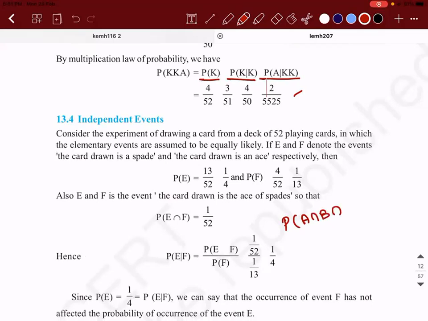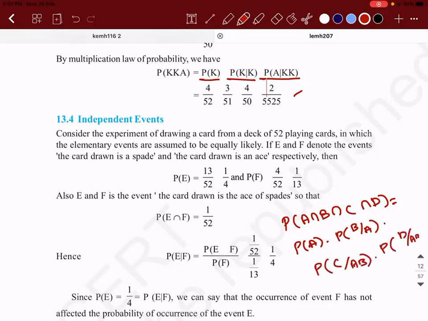Let's see how much your brain is working. What will happen? P of A intersection B intersection C intersection D. So probability of A into probability of B given A into probability of C given AB into probability of D given ABC. You're able to understand? That's it.